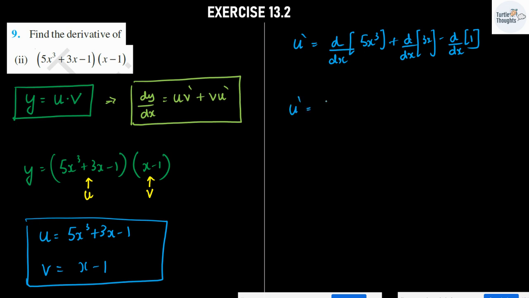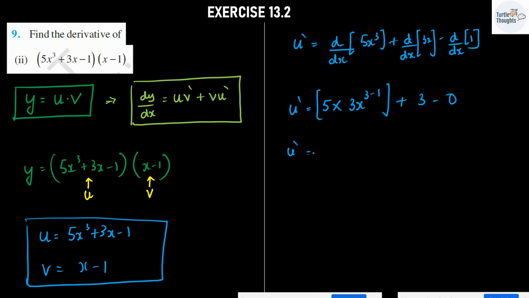U dash is going to be the differential of 5x to the power 3. X to the power 3 can be solved by power rule, so I can write 5 multiplied by 3 x raised to the power 3 minus 1. I am using the power rule over here, plus differential of 3x is going to be 3, differential of constant is going to be 0.